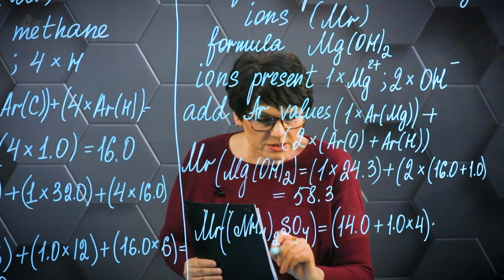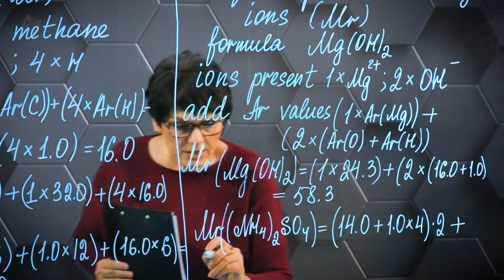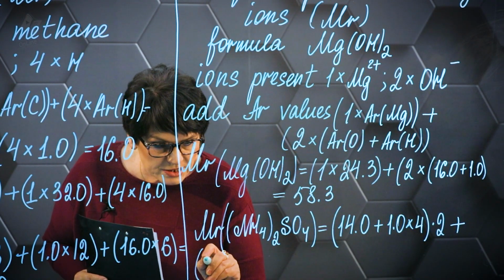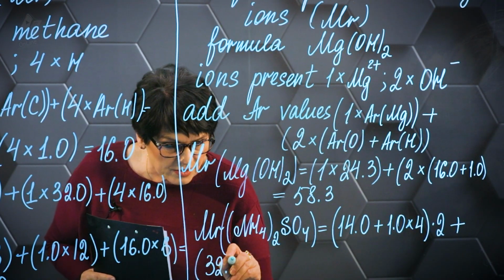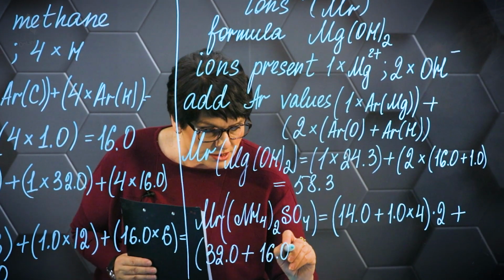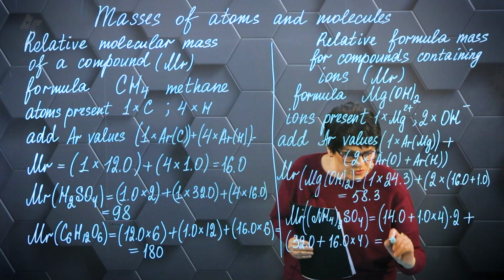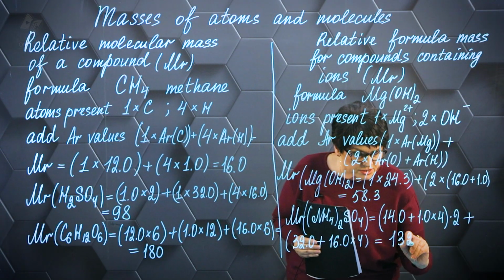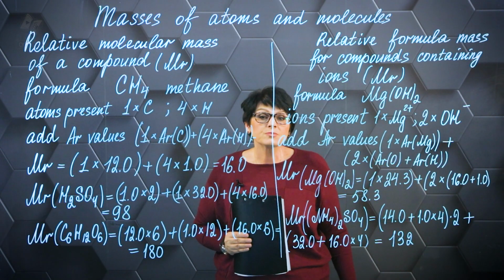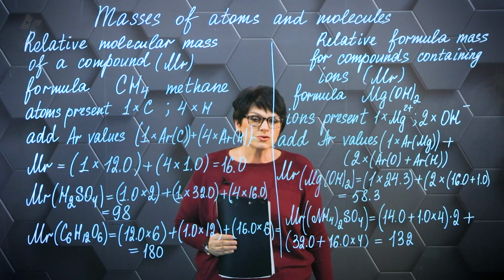Outside the parenthesis, we have 2 times that, plus sulfur, 32, plus oxygen, 16 times 4. This calculation yields 132. Once again, I emphasize, sometimes such calculations should be made more accurately.